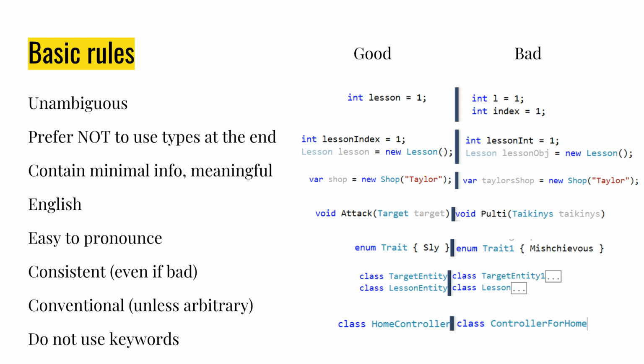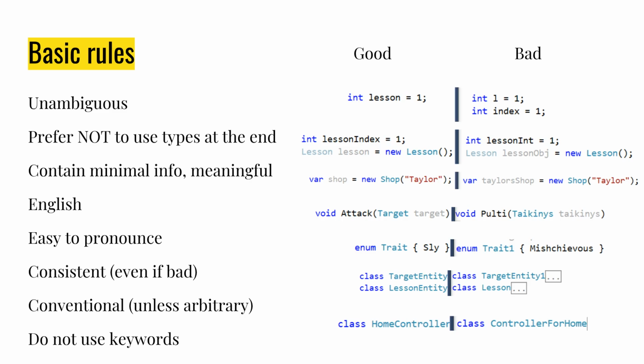What's the worst is staying inconsistent across the level of a solution. The smaller the level of scope of inconsistency, the less bad it is. But when you're inconsistent across the level of a project, it's horrible. Conventional unless arbitrary.